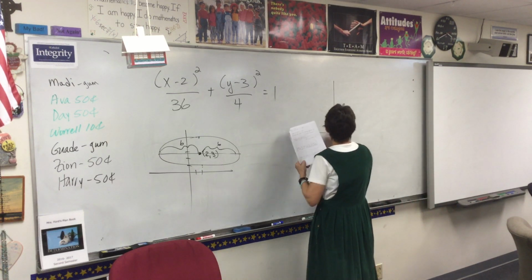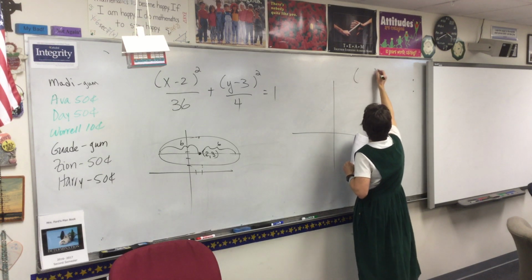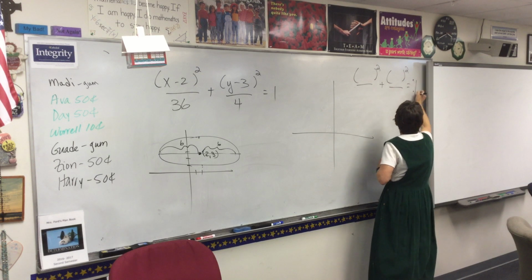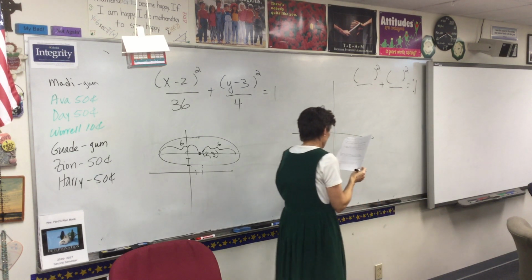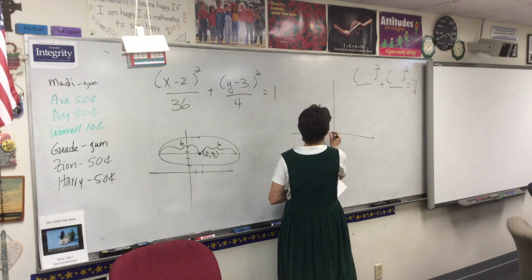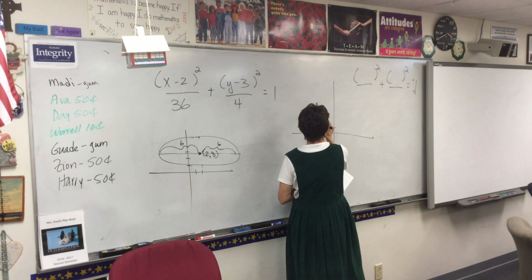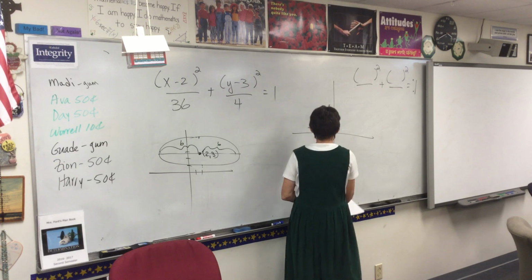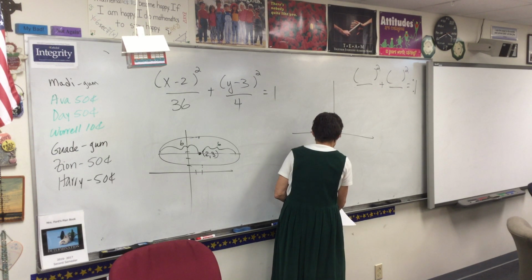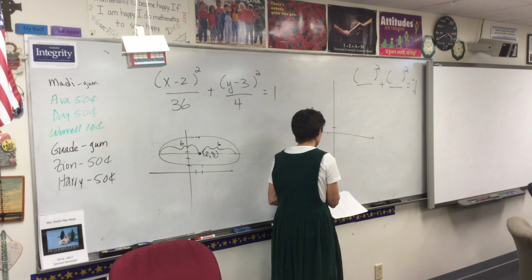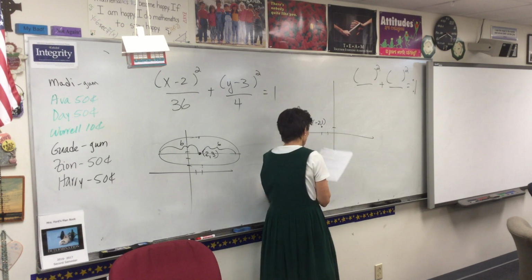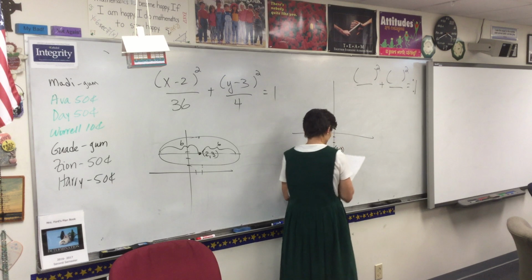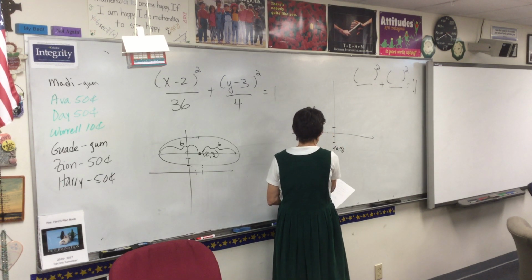All right, so I have another ellipse, one more. Let's see if we can get it done here. The endpoints of the major axis are at -2, 1, and -2, -7. Okay, now that's the major axis. The minor axis, 0, -3, and -4, -3.